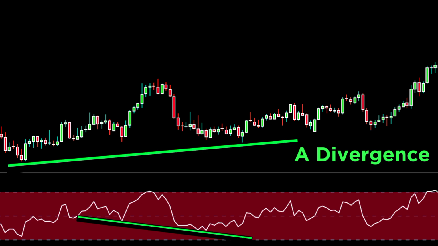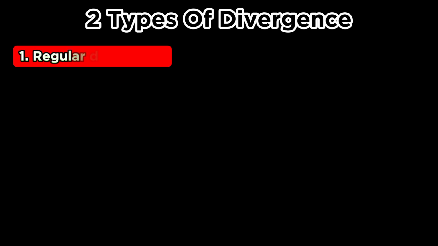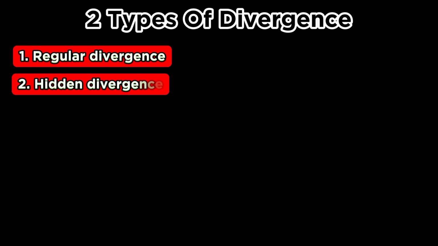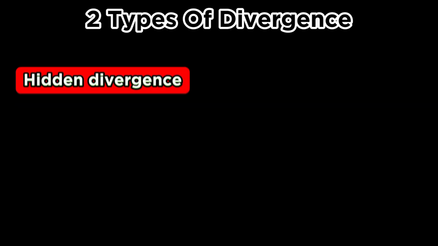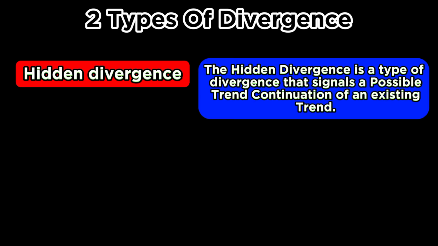For the RSI indicator, we have two types of divergence. We have the regular divergence and the hidden divergence. But for this course, we are going to be focusing on the hidden divergence. The hidden divergence is a type of divergence that signals a possible trend continuation of an existing trend.